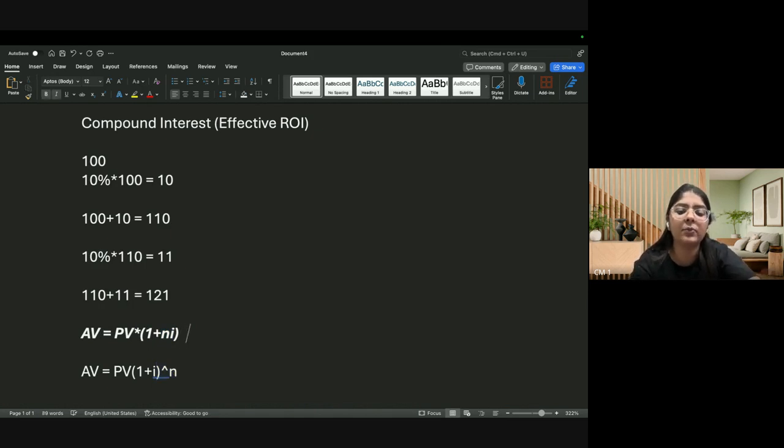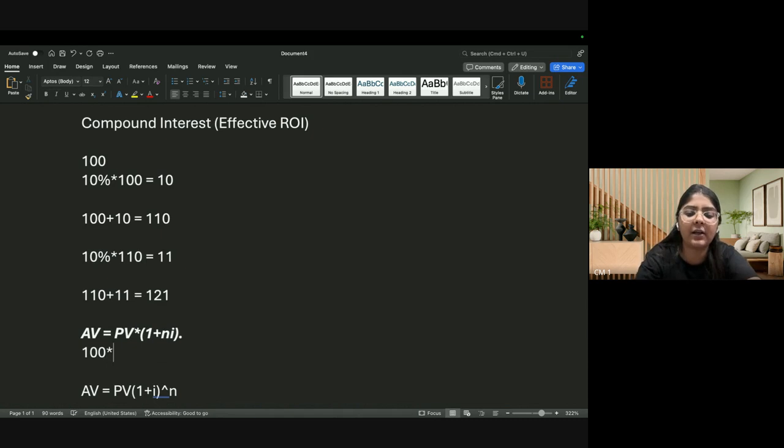In simple interest, what happens? If in the same example I have deposited 100 and I am getting a 10% rate of interest, I will give 10 rupees interest, correct? So I had deposited 100, I got 10 interest in the first month. What will happen in the next month?